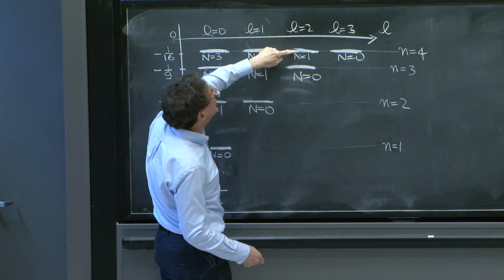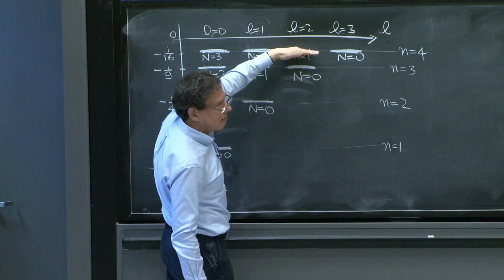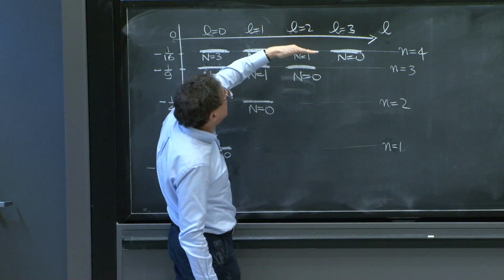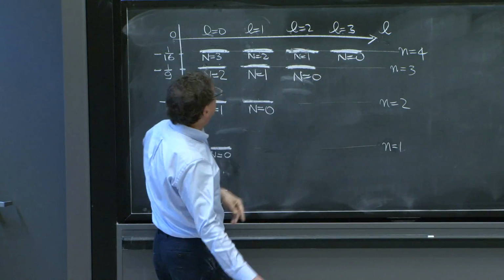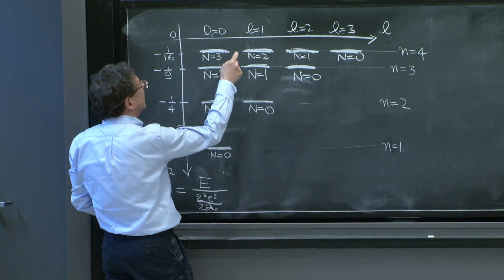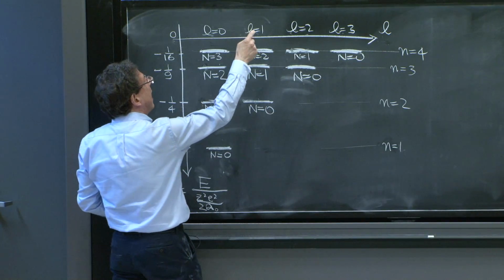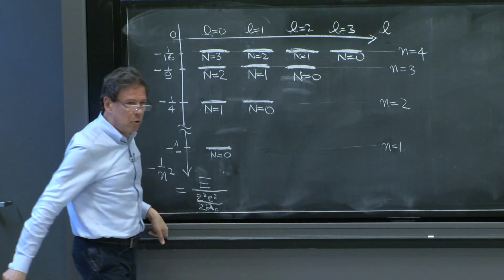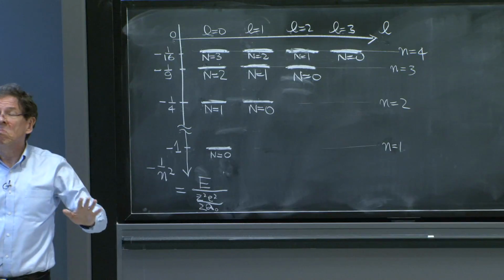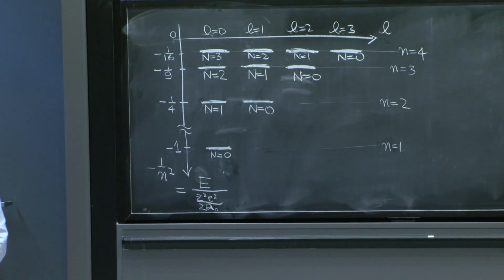That means 5 states. So there is degeneracy. But that's implicit in angular momentum. It has an explanation. But why would there be a degeneracy between L equals 1 solutions and L equals 2 solutions? Total mystery, actually.